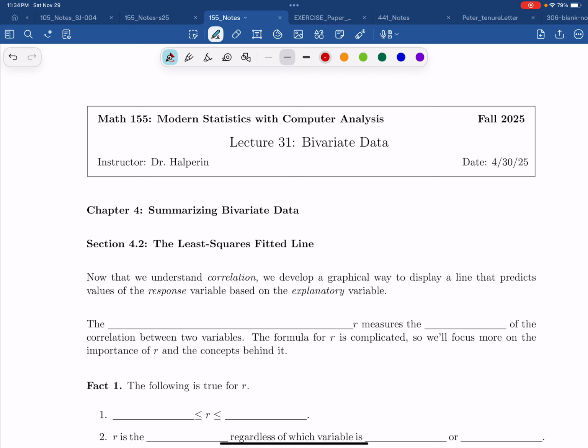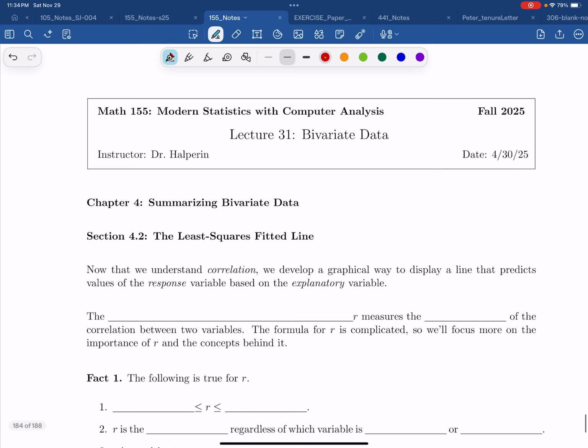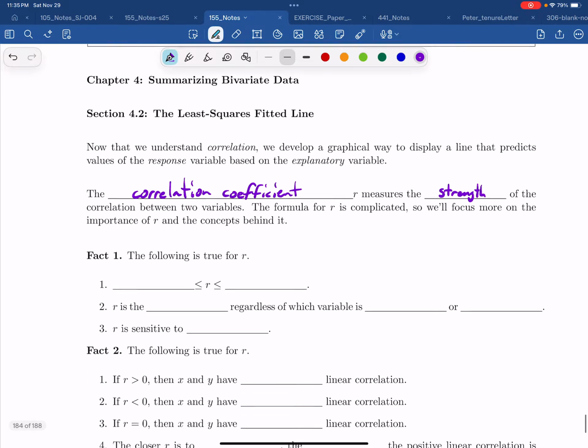And so to measure this correlation level, to measure how correlated these points are, we talk about, well, let's use purple here, the correlation coefficient R. And it measures, I guess you could say, the strength of the correlation, like the degree of the correlation between the two variables.